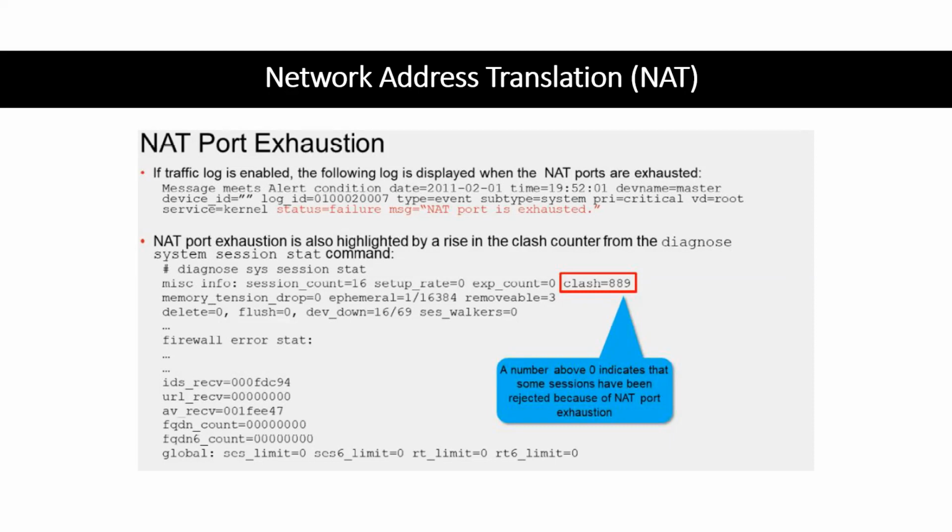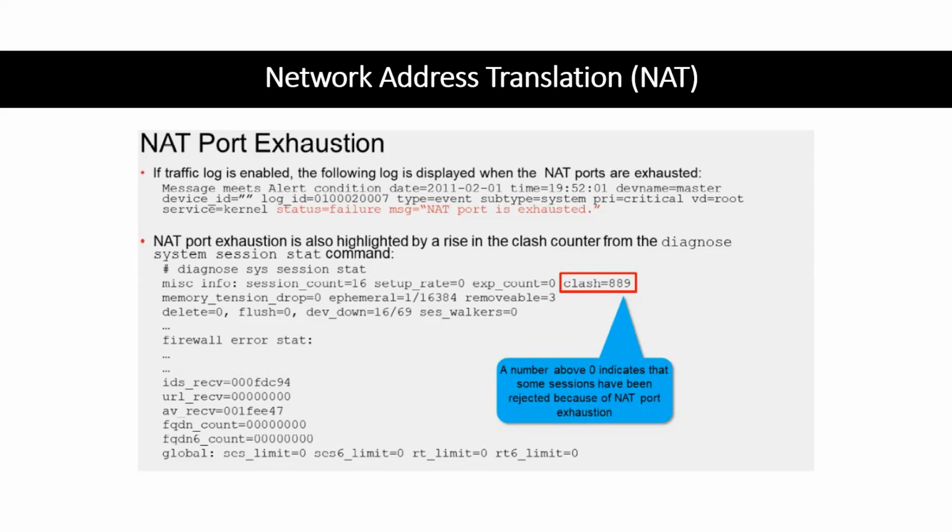And out of nowhere, your service desk is getting tickets saying, hey, I can't connect to the internet, right? And Don sees in the CLI or the logs that the message meets alert condition, right? And he sees that log ID and the event, right?